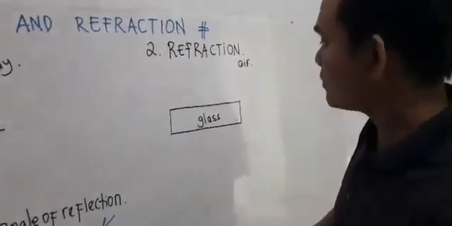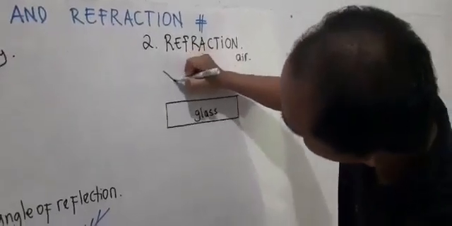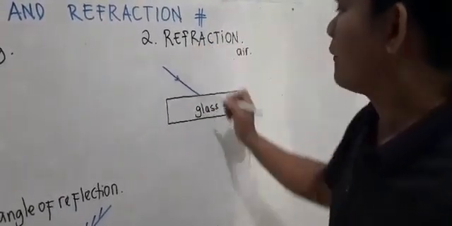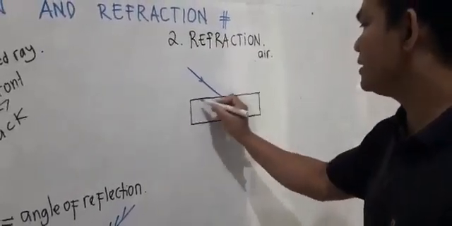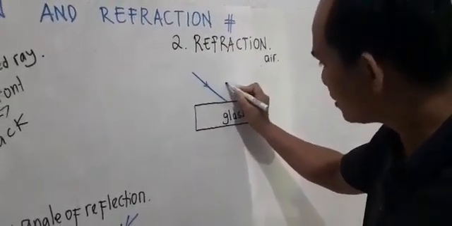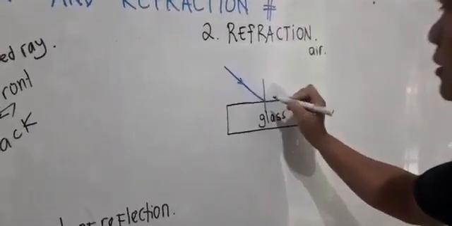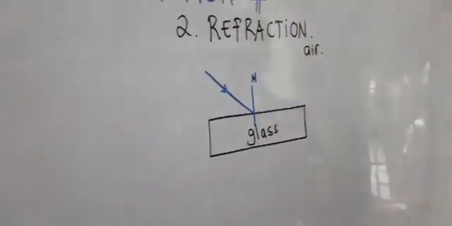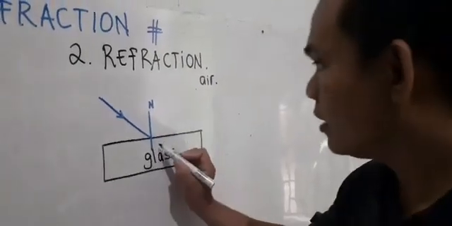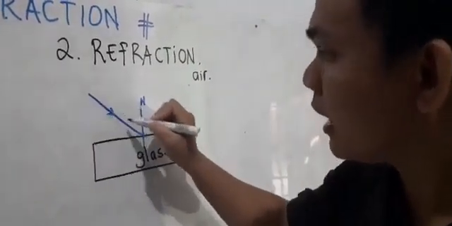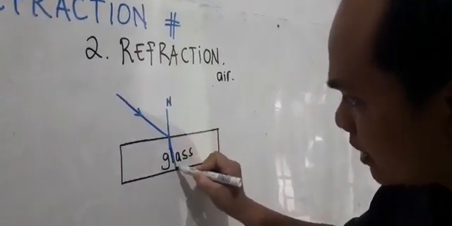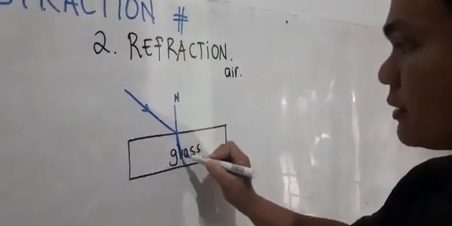So when the light comes to the glass, I have told you before that we make a perpendicular line to the surface, which is indicated with the normal line, and then the light that comes to the glass is bent in this way inside the glass.